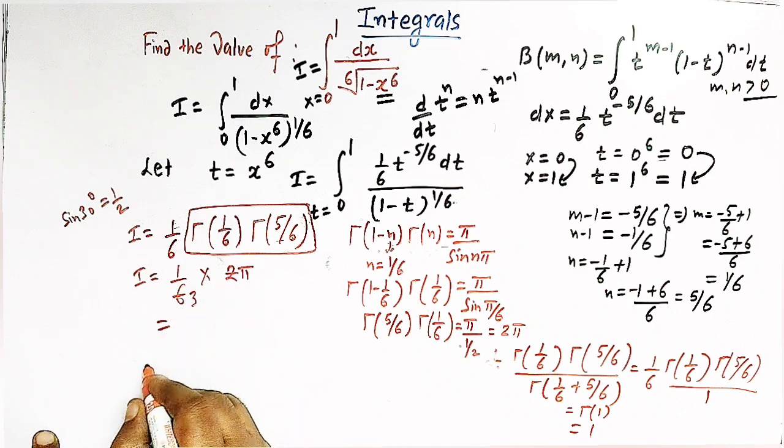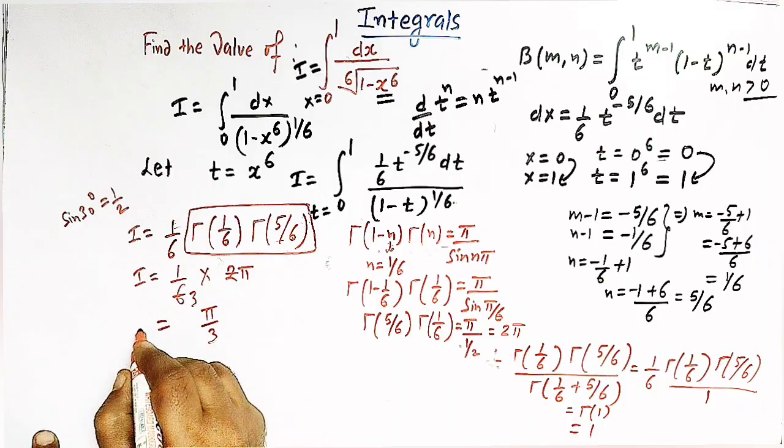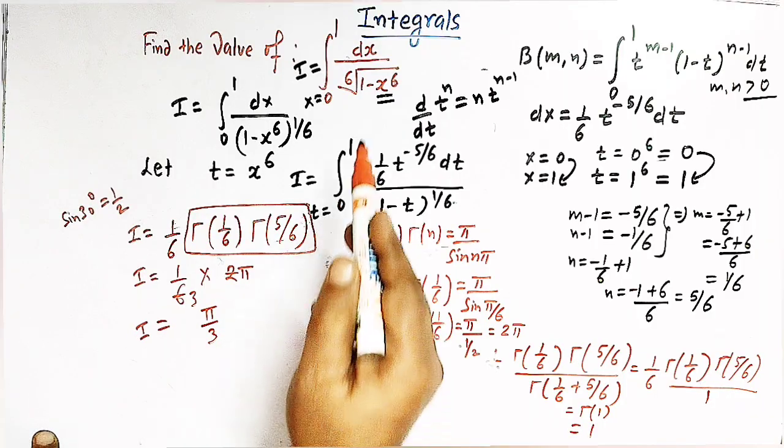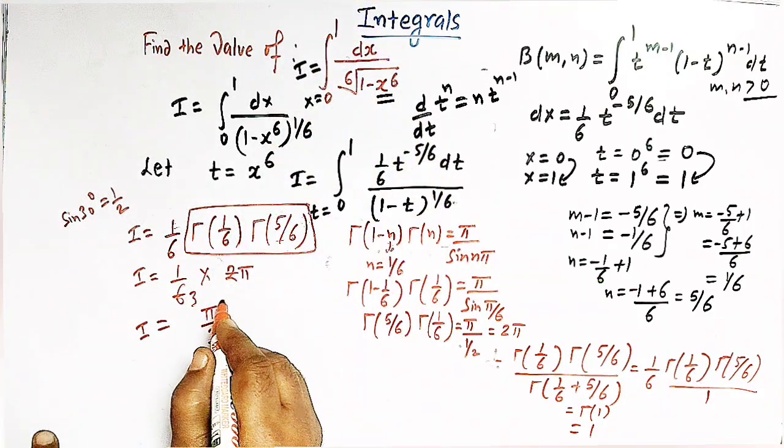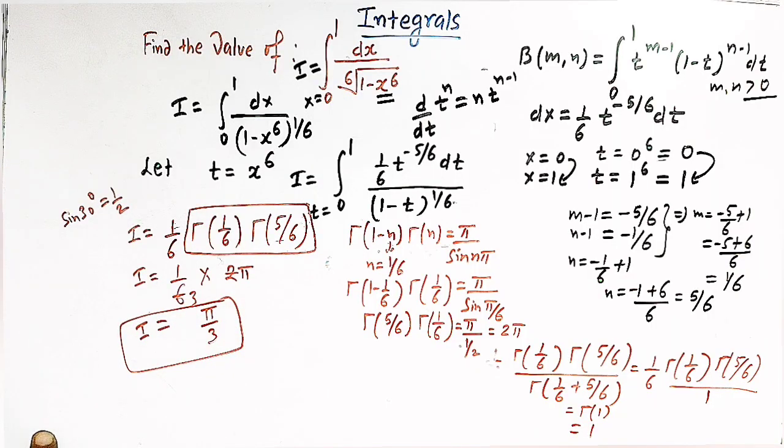So we have here 2 times 3 is 6. So this is pi over 3. So viewers, the value of this integral is equal to pi over 3. So this is how, by making use of the concept of beta and gamma functions, we can easily evaluate integrals of this kind.